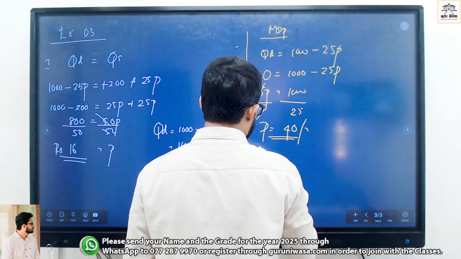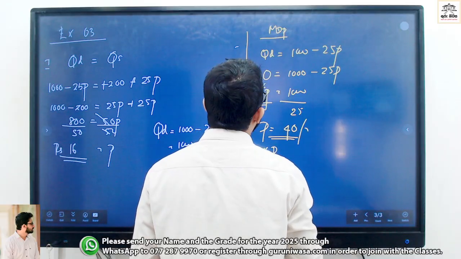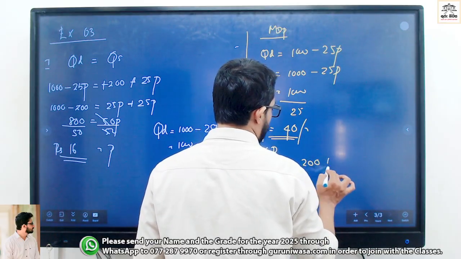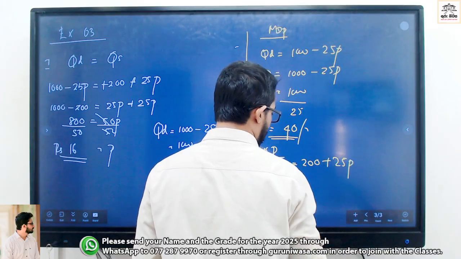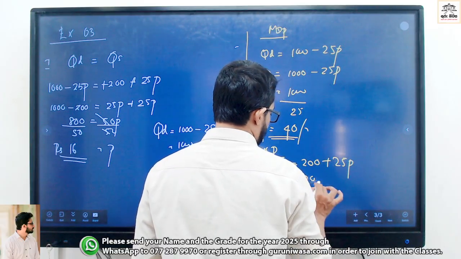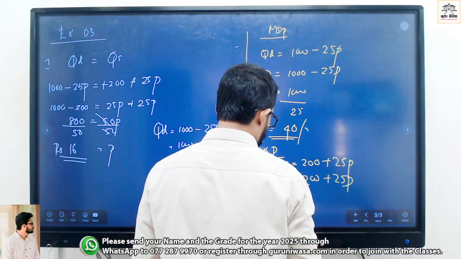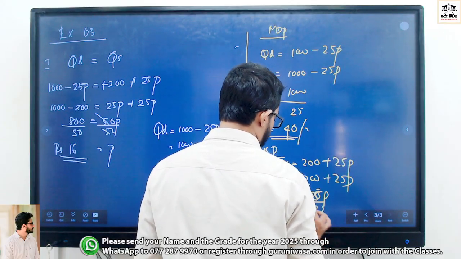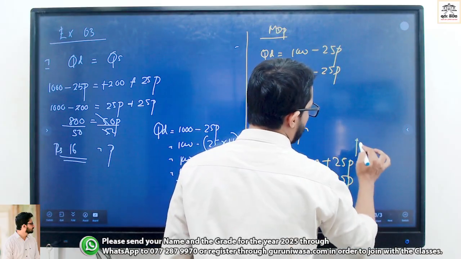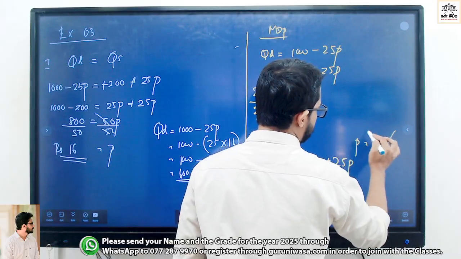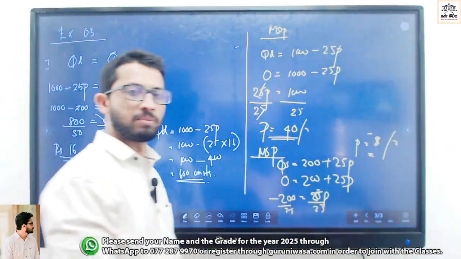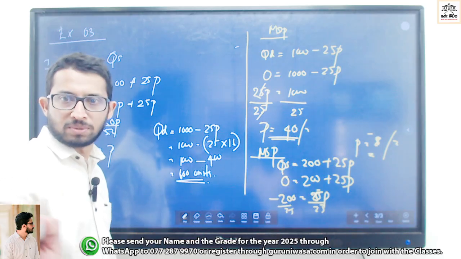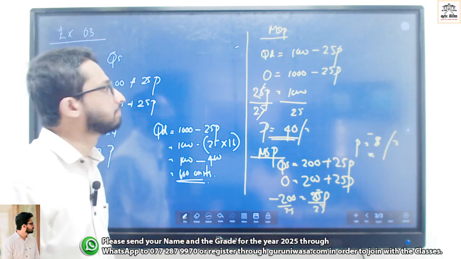And minimum supply price: QS equals 200 plus 25p. Set to 0, 200 plus 25p equals 0, this becomes minus 200 equals 25p, divided by 25, p equals minus 8. Calculate consumer surplus with the equations.